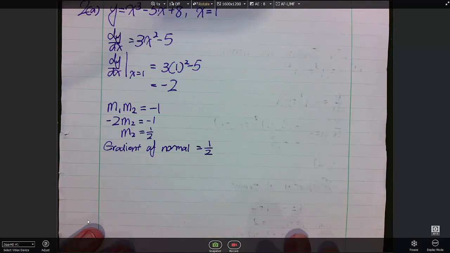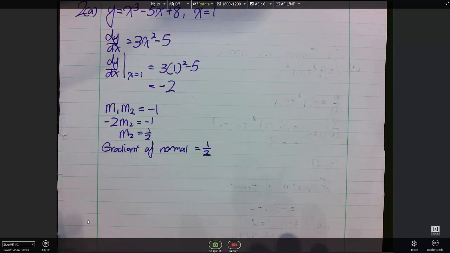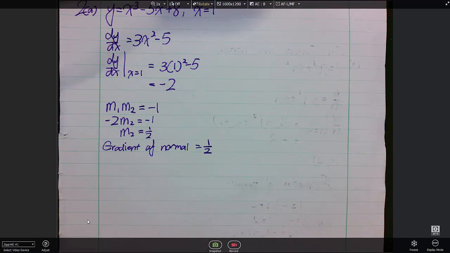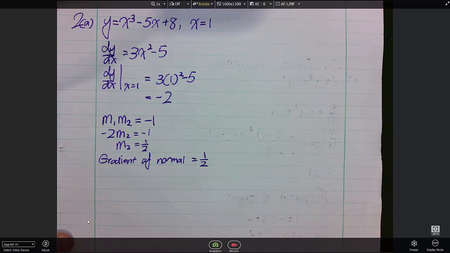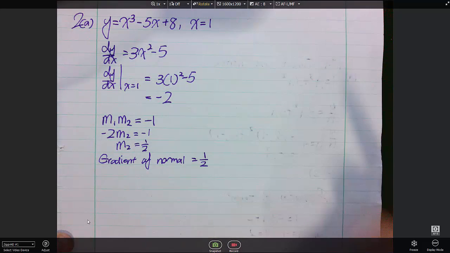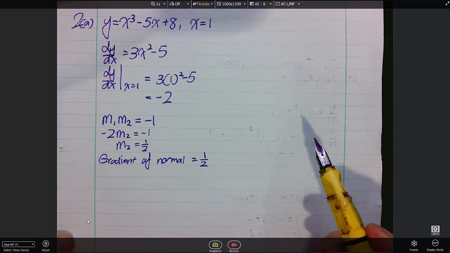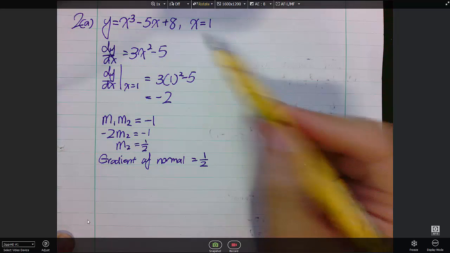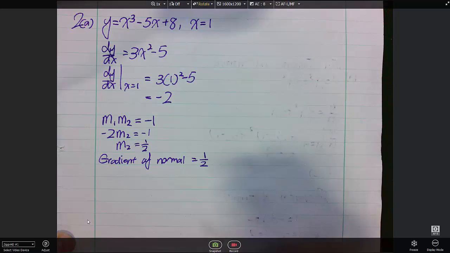Before you find the equation of the normal, notice that you need a value of x and a value of y. When x equals 1, there's a y value missing. How do I get the y value at the point? I substitute x equals 1 into the original equation.